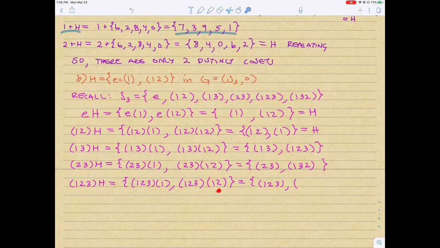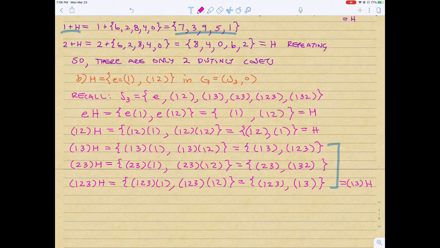Well, 1 goes to 2, right? And then 2 goes to 3. So 1 goes to 3. And then 3 goes to itself and 3 goes to 1. So that closes that. But if we look, we have the same thing as the left coset. So this is equal to (1 3)H. Okay.